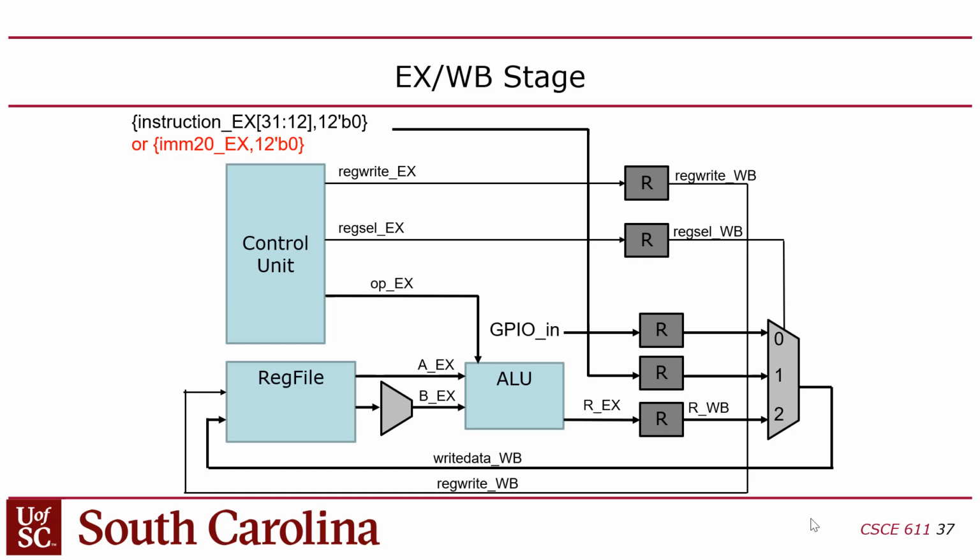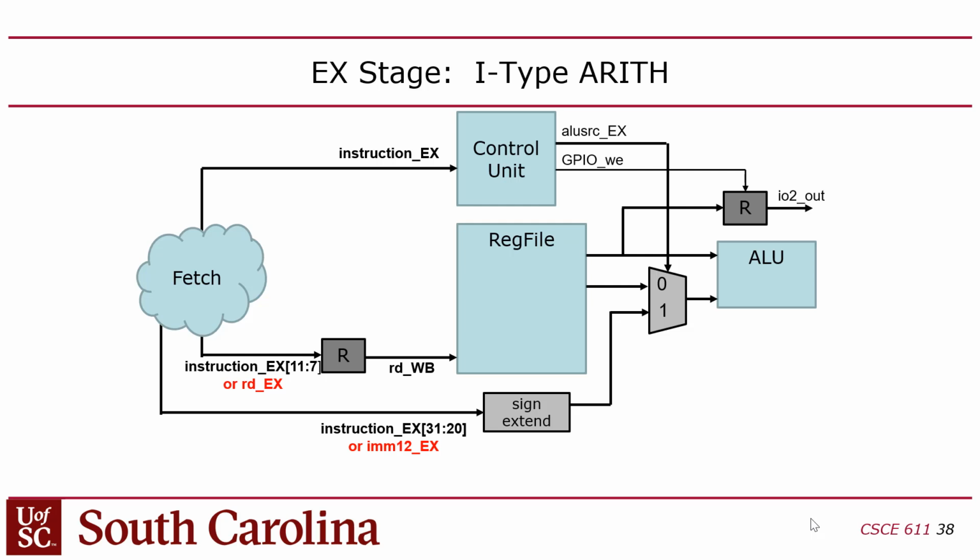The choices are whatever comes out of the register file, or something else I may want to put in the second input, which would be the immediate value, right? But it's a 12-bit immediate. I think I show it in the next slide. The immediate value, yeah, here it is. The immediate value, which is instruction 31 down to 20.